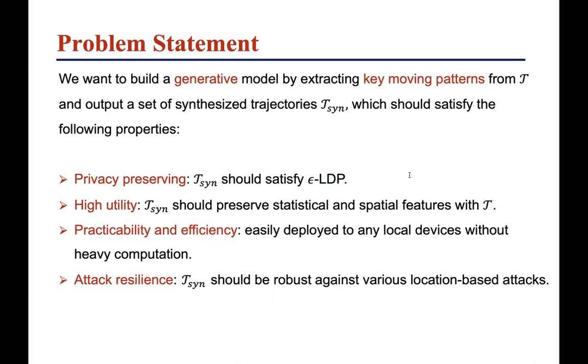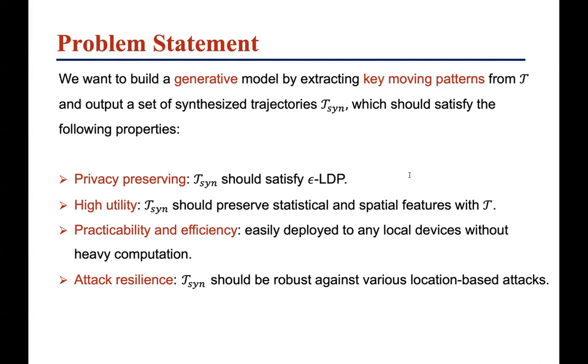And the synthesized data should satisfy four properties. First, the whole synthesis process should strictly guarantee local differential privacy to preserve users' privacy. Second, the synthesized trajectories should resemble true trajectories from different aspects, such as spatial and statistical aspects.